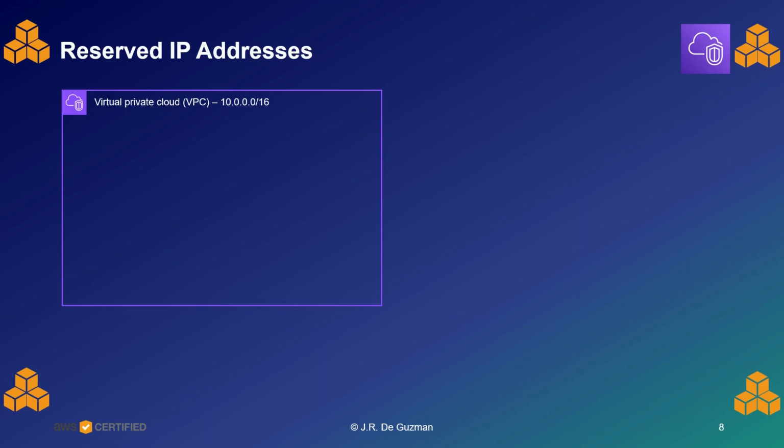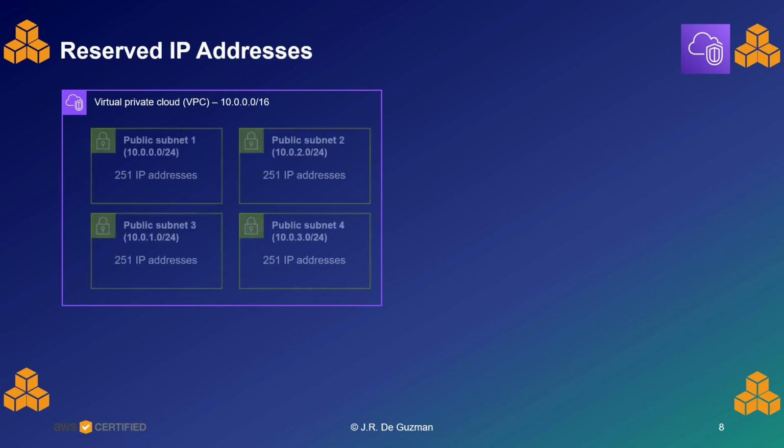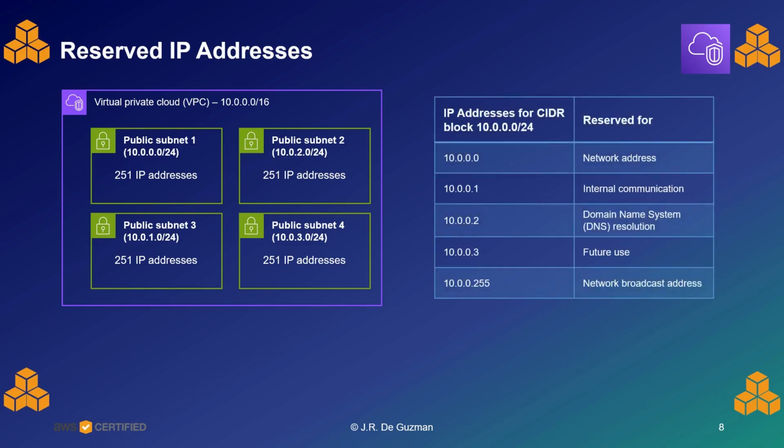When you create a subnet, it requires its own CIDR block. For each CIDR block that you specify, AWS reserves 5 IP addresses within that block, and these addresses are not available for use. AWS reserves these IP addresses for, first, the network address. Secondly, the VPC local router for internal communications.